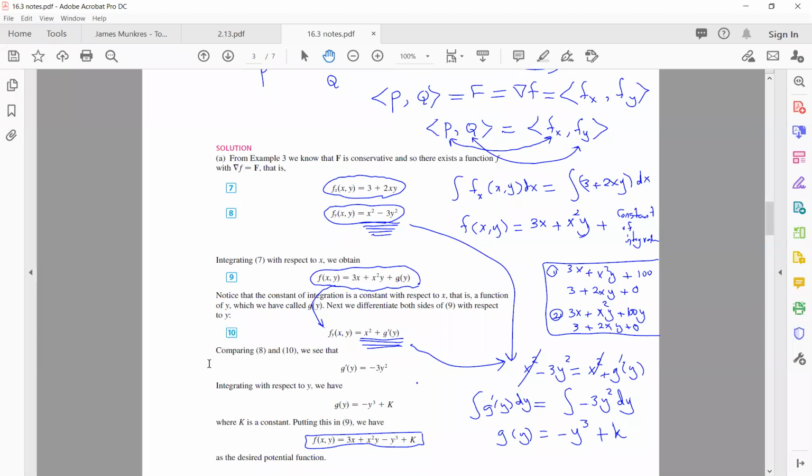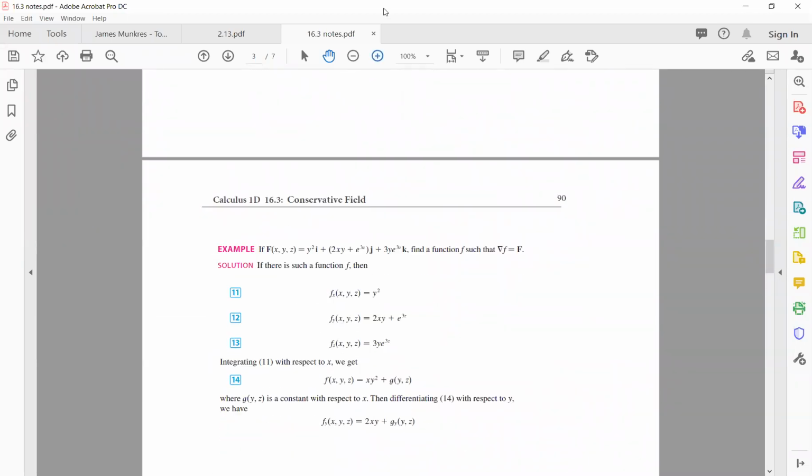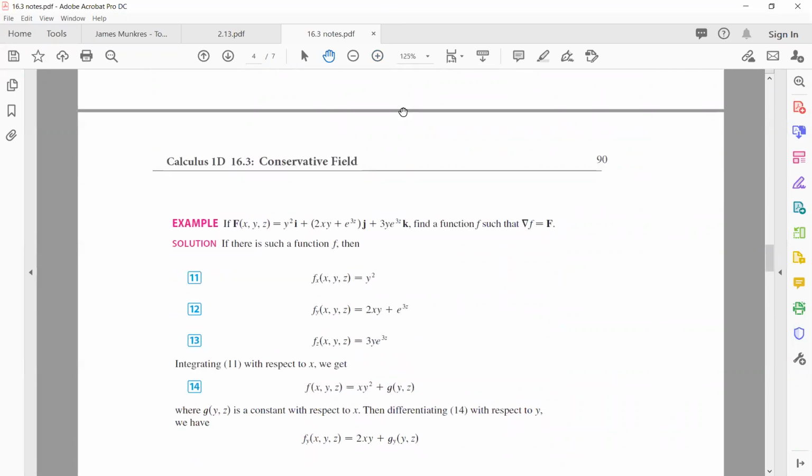Let us continue. Another example for you. Okay. Here you have a vector valued function in 3 variables: y squared, comma, 2xy plus e to the 3z, comma, 3y e to the 3z. What is our goal?